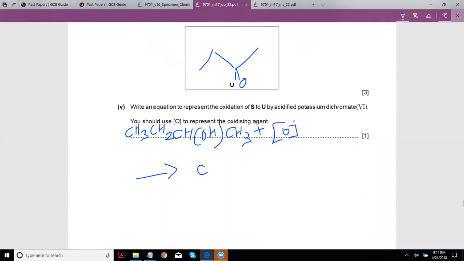Then what is formed? CH3CH2COCH3. Or if you want to make it a little clearer, it's obvious that it isn't forming an ether, but you could, whatever.